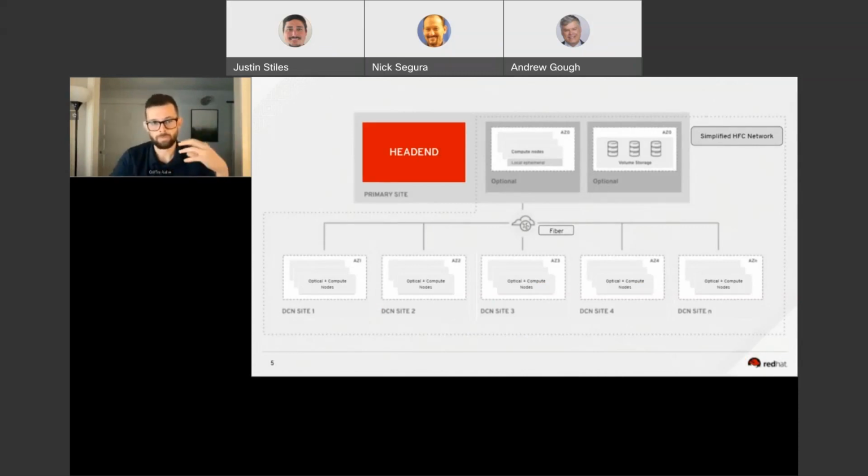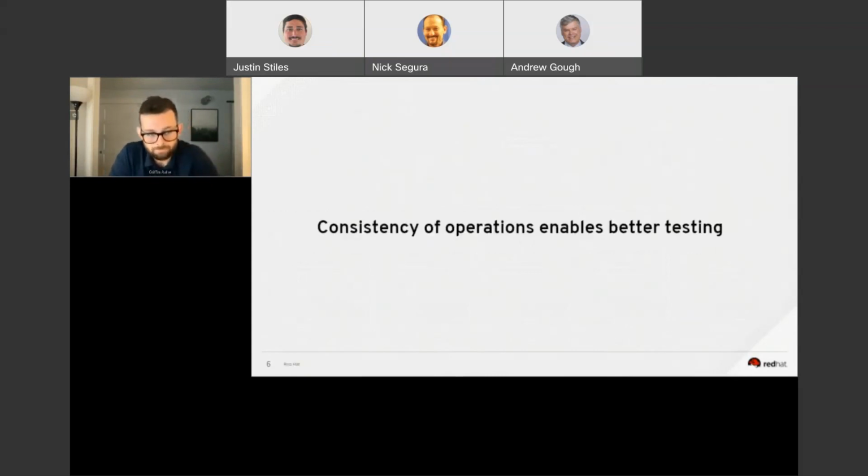So this deployment has its origins in the lab. It's modeled in software. It's tested over and over again and executed with the help of automation. So when it comes time to roll this out into production, we know what we're going to get. There's a certain level of predictability and repeatability to it. And this reinforces that theme of consistency. And that's really what we're trying to achieve here.